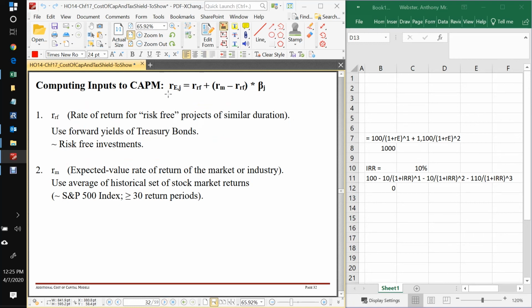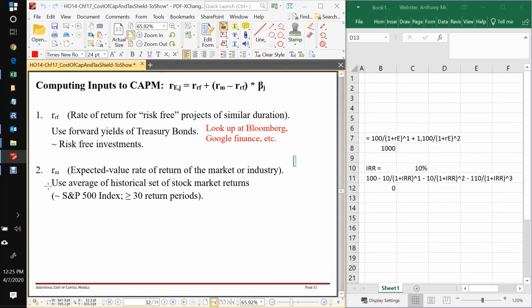All right, so now let's see if we can understand how to compute our inputs to the CAPM model, and then let's just go ahead and do an example. So RRF is just the rate of return of our risk-free project of similar duration, and we're just going to use forward yields of treasury bonds, and we can look these up at Bloomberg, Google Finance, etc. And the return of the market, that's our expected value return of the stock market.